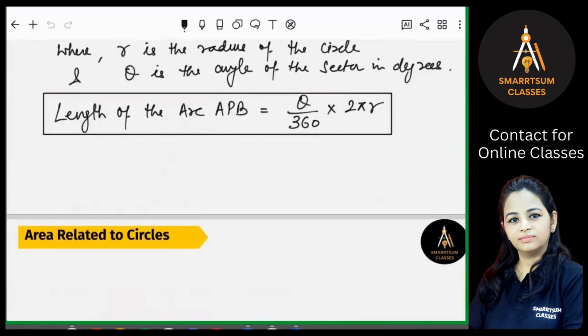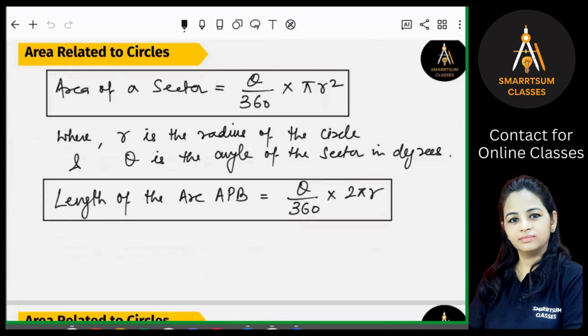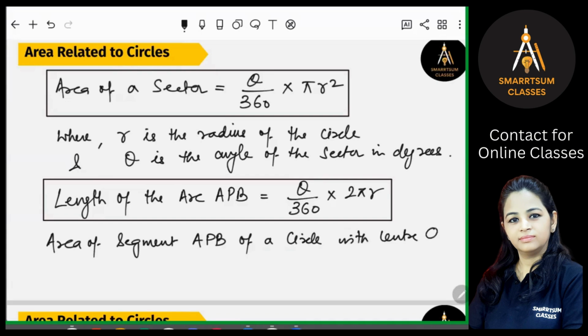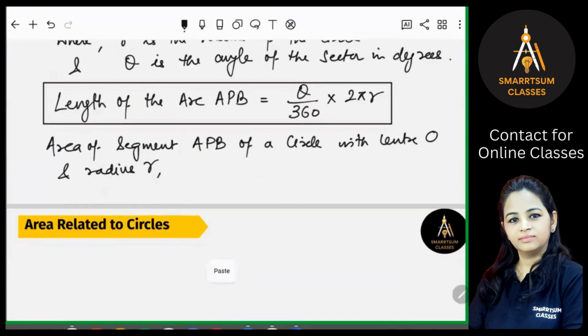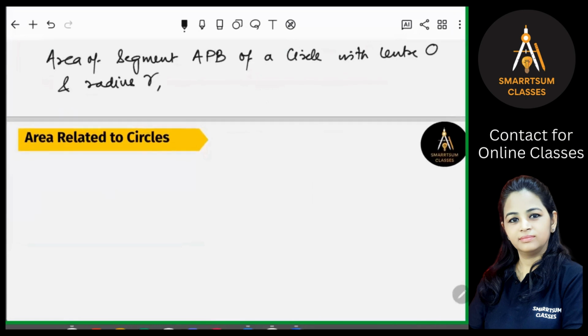So how can we find the area of the segment? Write down: area of segment APB of a circle with center O and radius r, as we have already seen on that figure. So how can we find it?